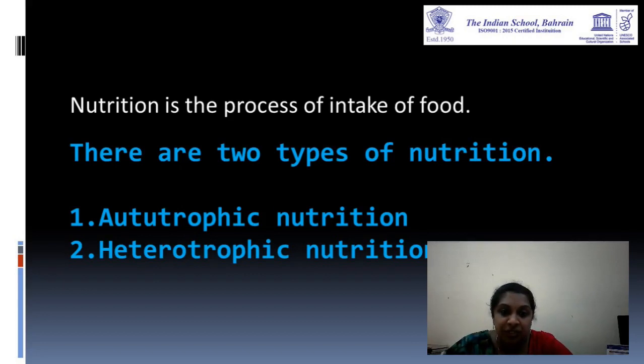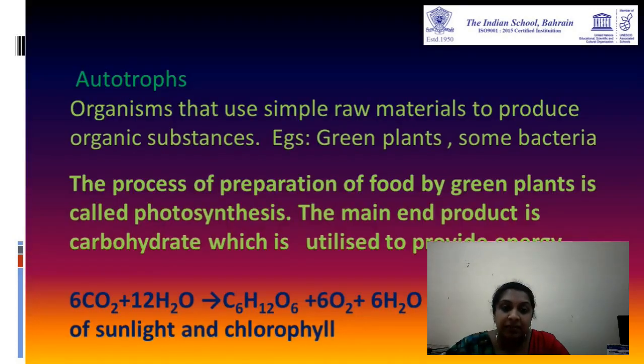Autotrophic nutrition is a mode of nutrition in which organisms use inorganic substances to produce organic food. The organisms that follow autotrophic nutrition are called autotrophs. For example, green plants and some kinds of bacteria.